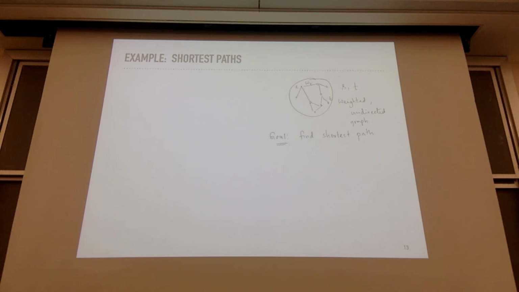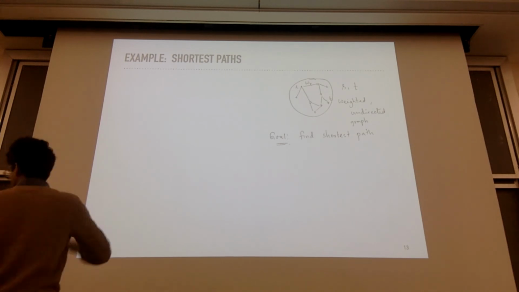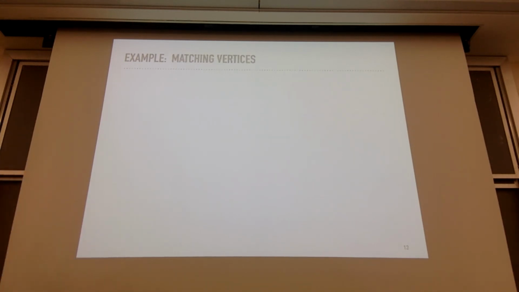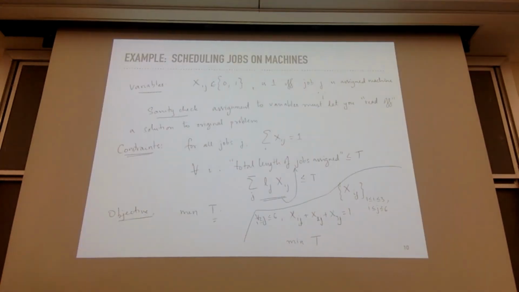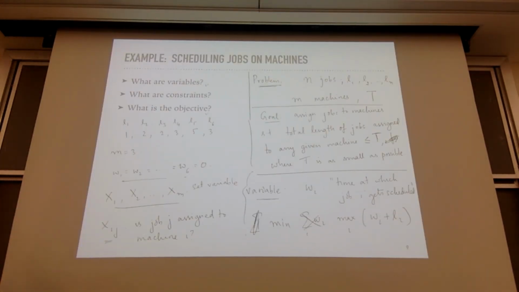When someone asks you this, you should be asking yourself three questions: what are the variables, what are the constraints, and what is the objective?